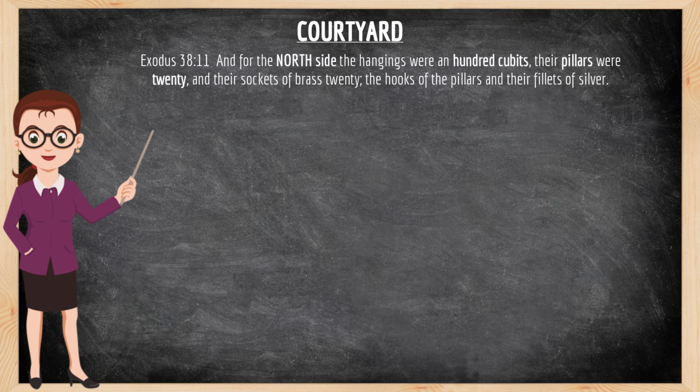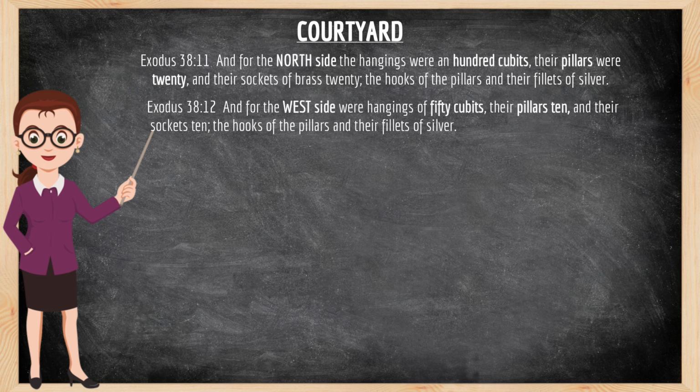Verse 11, and for the north side of the hangings were 100 cubits. Their pillars were 20, and their sockets of brass 20, and the hooks of the pillars and their fillets of silver. So we have the same on both sides. 38:12, and for the west side were hangings of 50 cubits. Their pillars 10, their sockets 10, the hooks of the pillars and their fillets of silver.